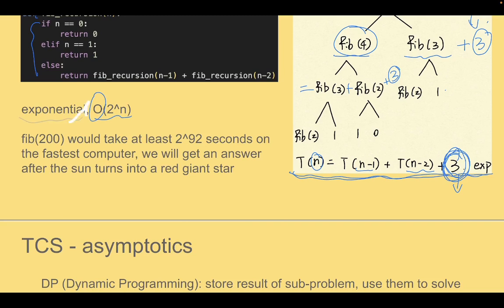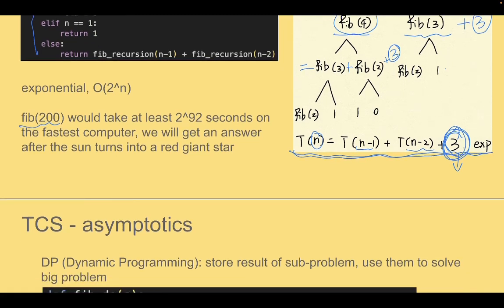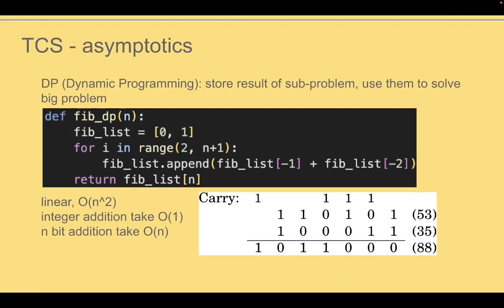And for this algorithm, Fibonacci 200 will take almost forever to calculate. So the computer cannot even give the answer of Fibonacci 200. This is ridiculous, right? So we're going to introduce another algorithm called dynamic programming.